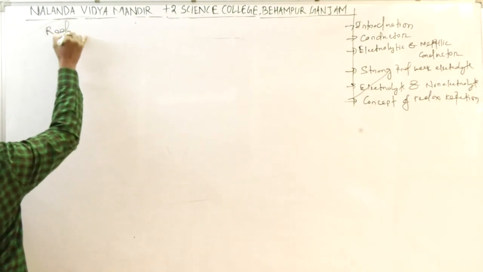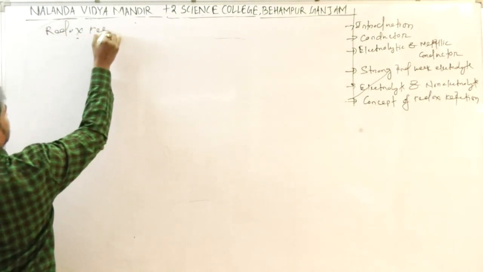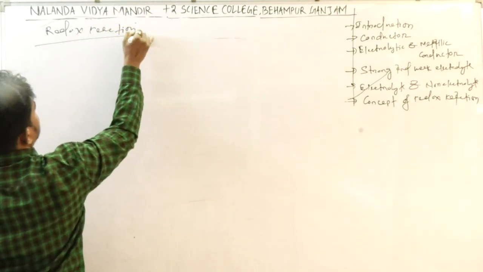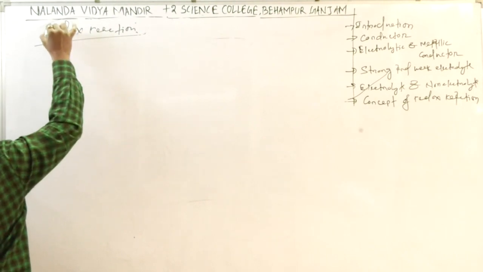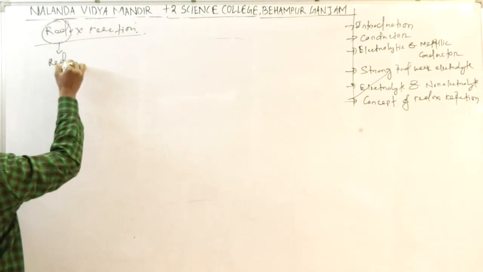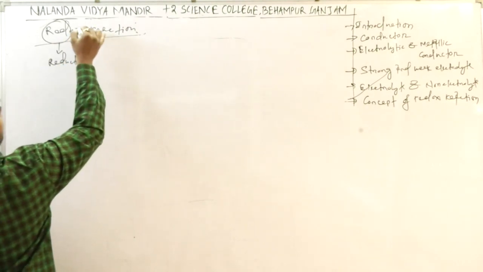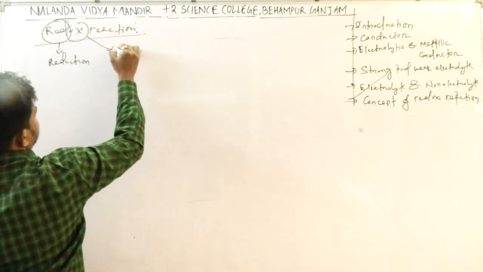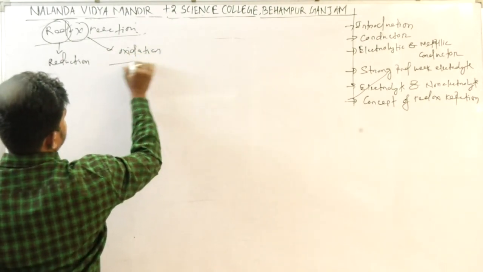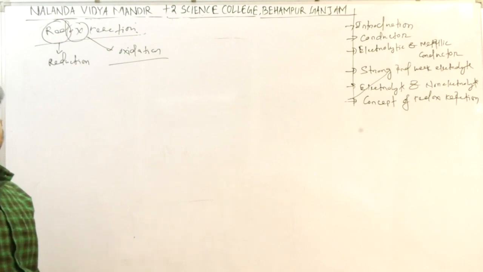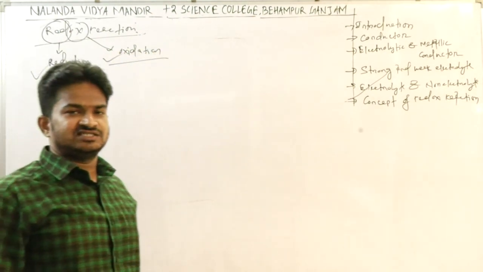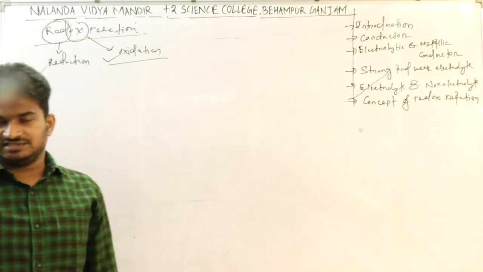See, redox reaction: redox means red, that is reduction reaction, and ox, that means oxidation. Those chemical reactions which show both reduction and oxidation are called redox reactions.